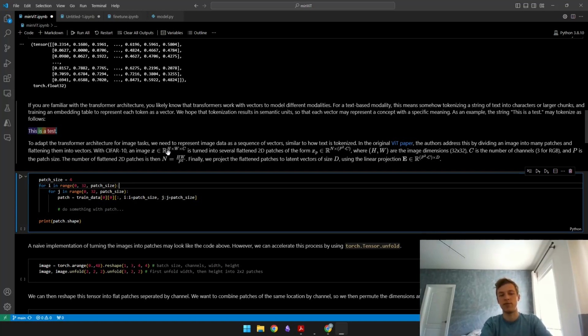The images will have H height, W width, and C channels for the different colors. And we want to flatten them into patches. We'll have some number of patches, and we want square patches with P by P dimension. And also we'll combine the color channels into a single patch.